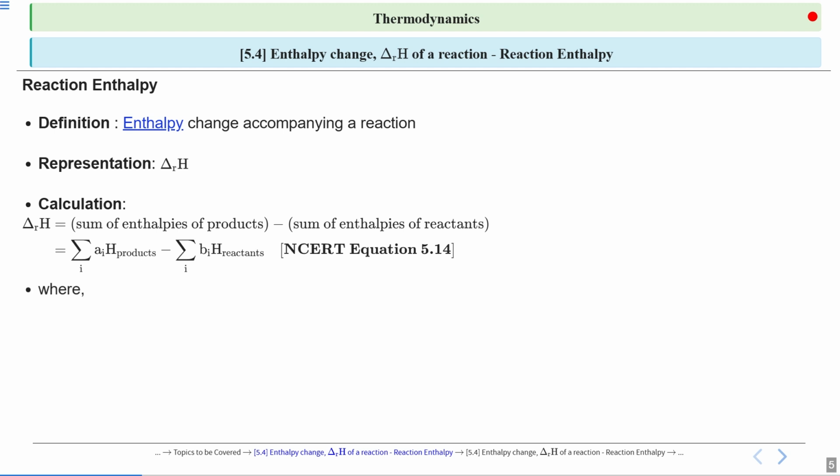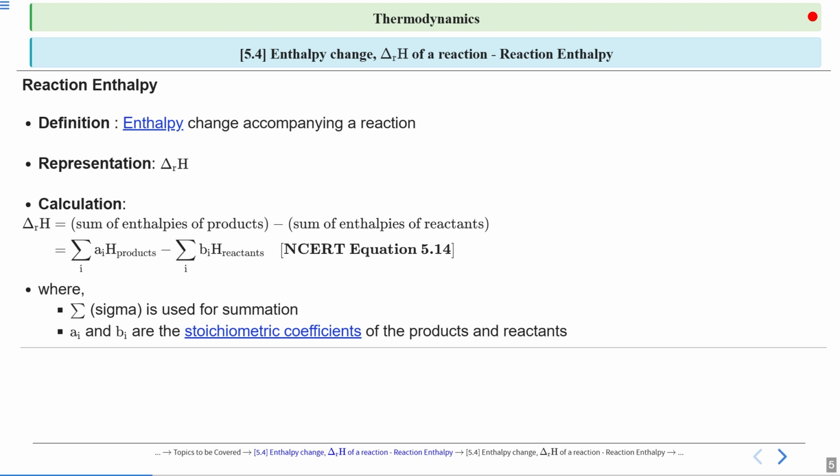What are the H product and H reactant here? So H product stands for the enthalpies of the products, and ai and bi are the stoichiometric coefficients. Then here is a symbol which will be used in many of your formulas if you see your NCERT textbook, and that symbol is sigma. Now you don't have to worry about it.